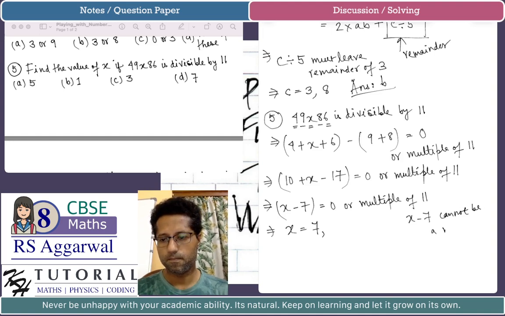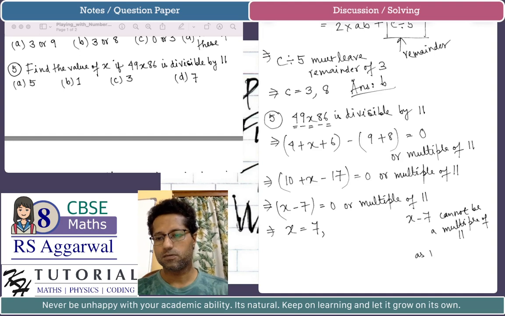X is a digit, so it can have values from 0 to 9.